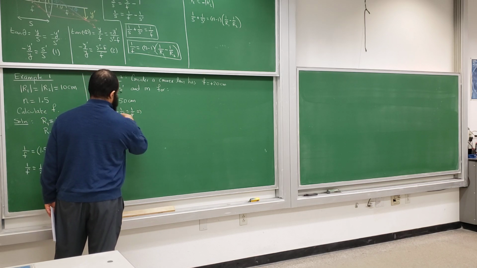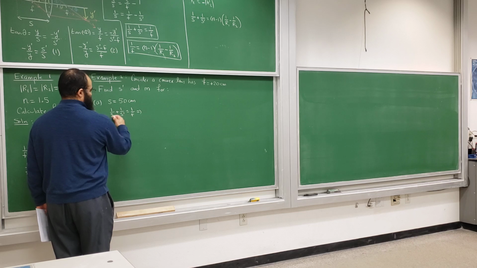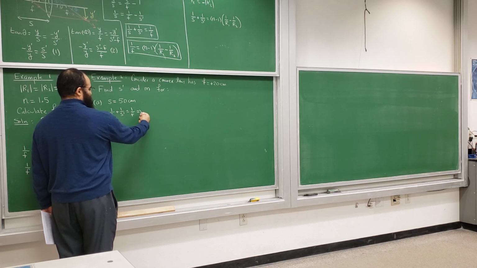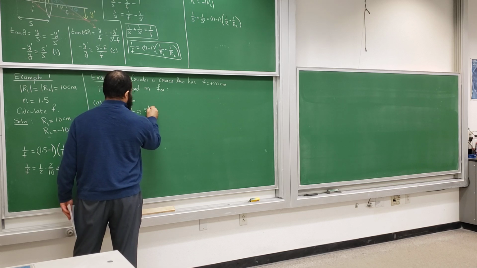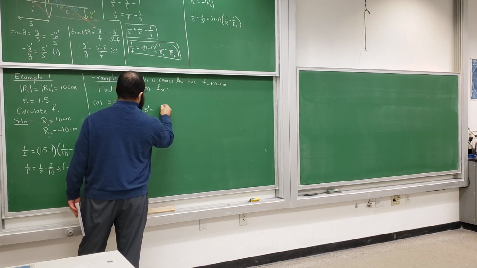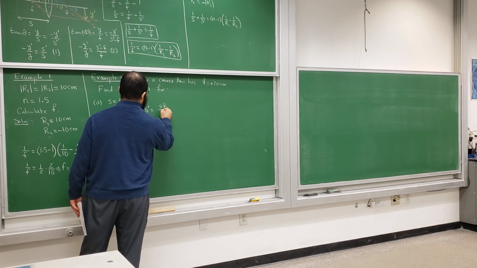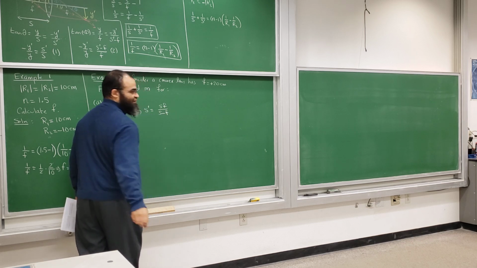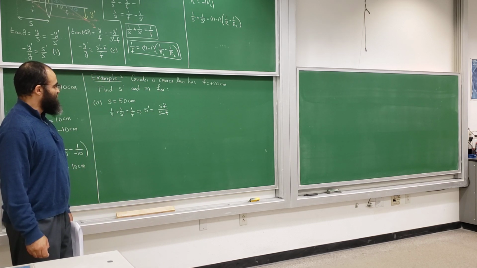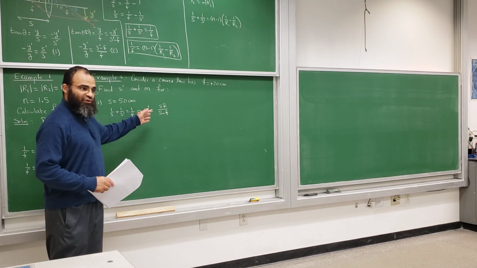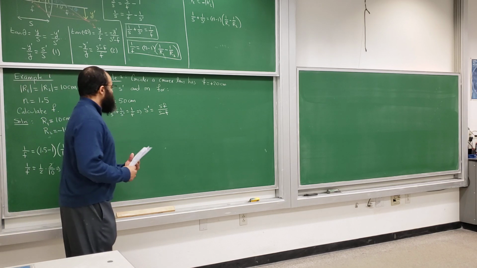This is handy: move 1 over S to this side, make a common denominator, flip the fraction. S prime will equal S times f over S minus f. This is just nice. You just have it.